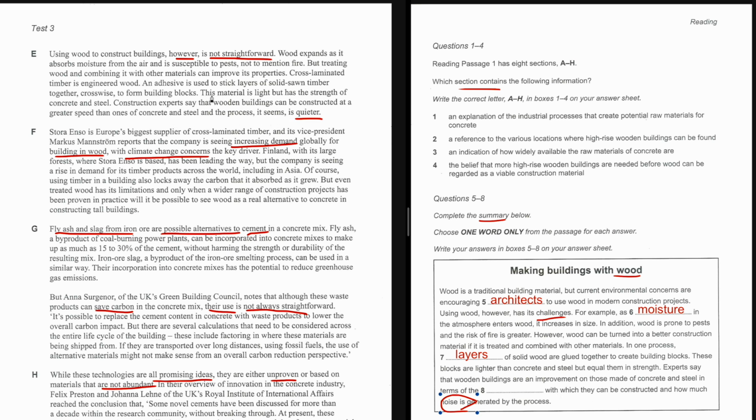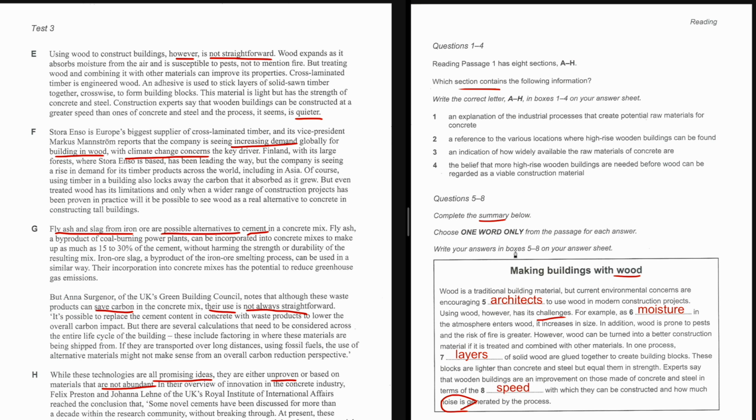Experts say the wooden buildings are an improvement on those made of concrete and steel in terms of the blah blah with which they can be constructed. Experts say that wooden buildings can be constructed at a greater speed than ones of concrete and steel, and the process, it seems, is quieter. So quieter and speed. In terms of speed, the answer should be speed.